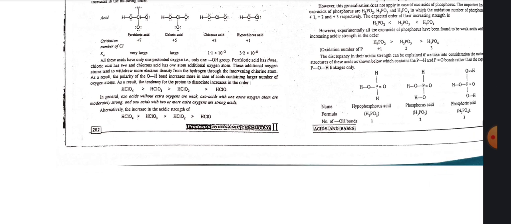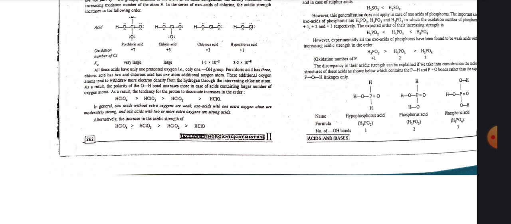All these acids have only one protonated oxygen. Perchloric acid has three, chloric acid has two, and chlorous acid has one additional oxygen atom. These additional oxygen atoms tend to withdraw more electron density from the hydrogen through the intervening chlorine atom. As a result, the polarity of the OH bond increases more in the case of acids containing a larger number of oxygen atoms.